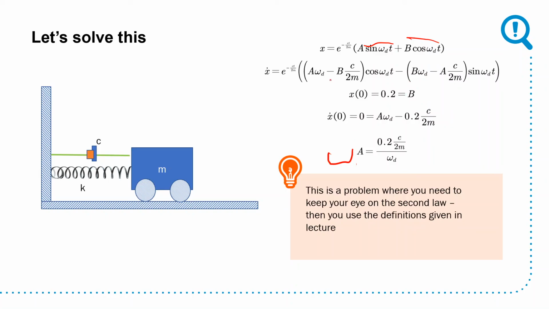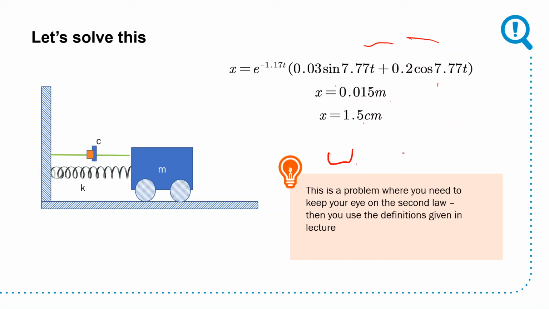If you do that, you end up with these two terms here. You then substitute in, you've displaced by 20 centimeters, you start from rest, and you end up with A and B in this particular case. And this is the final form of the relationship, and you are displaced by a distance of 1.5 centimeters.